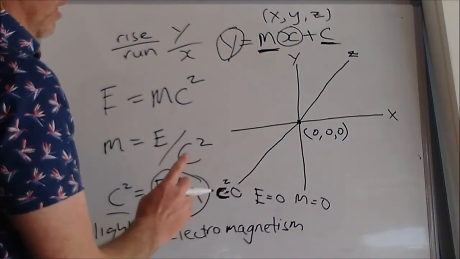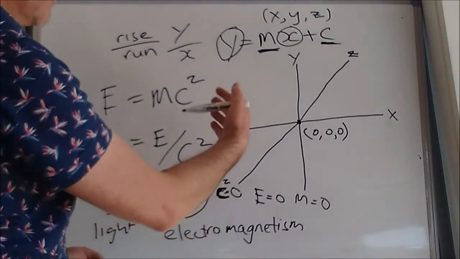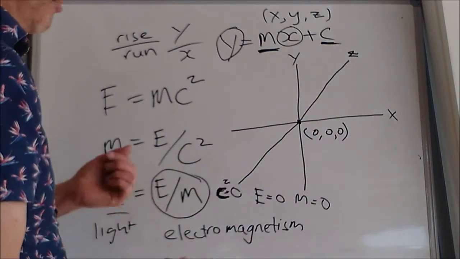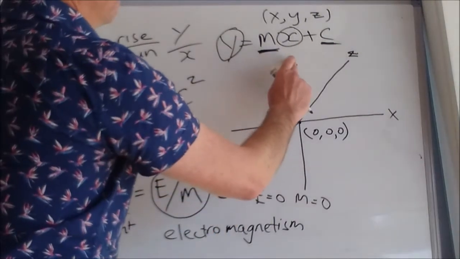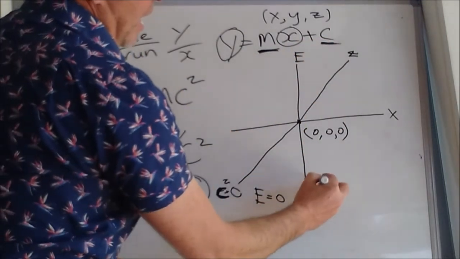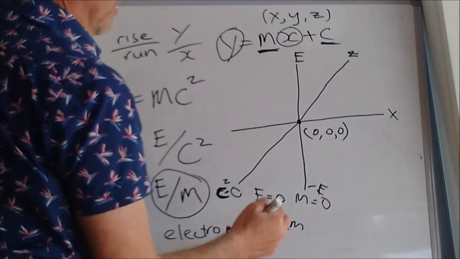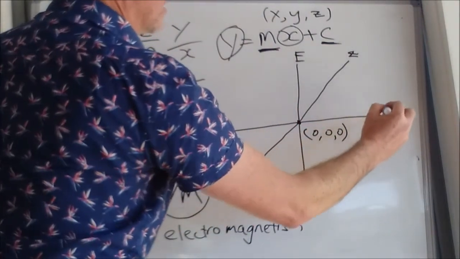Okay. We can now put on this mathematical geometry Einstein's equation, where y is the rise, E, and negative E. M is the x.